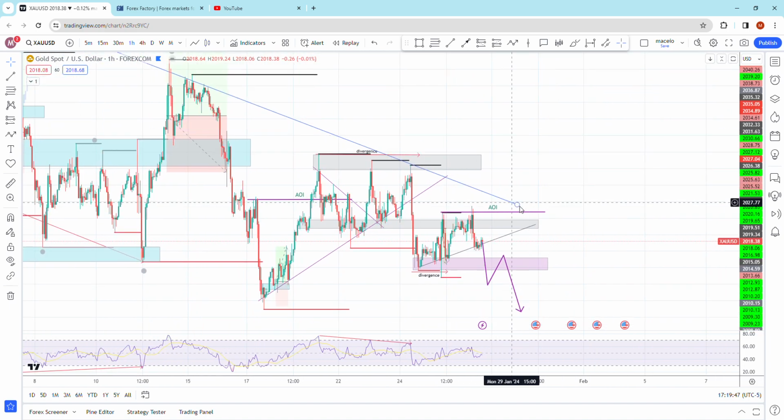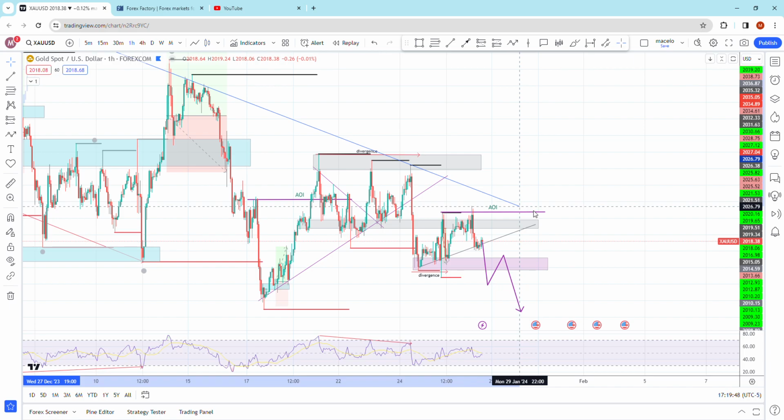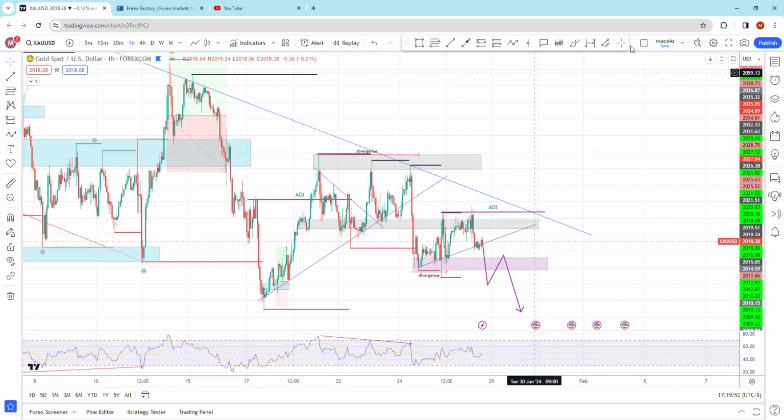So we can initially see if price can at least come there right now. Price can either try to touch this before selling, or if price was to touch this area, break it, I'll wait for a retest, and then this would be my first target.